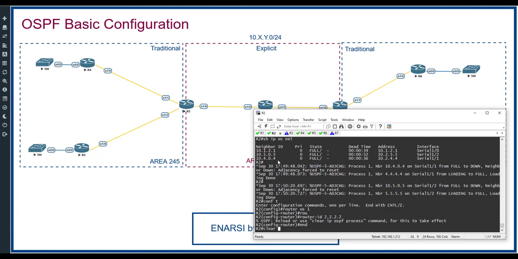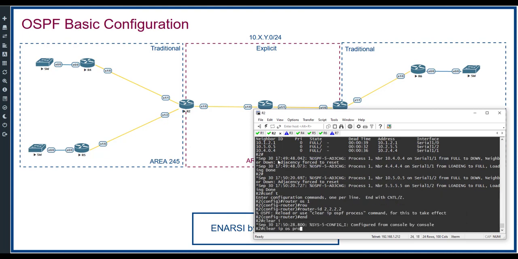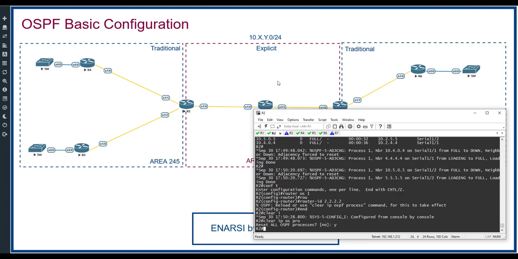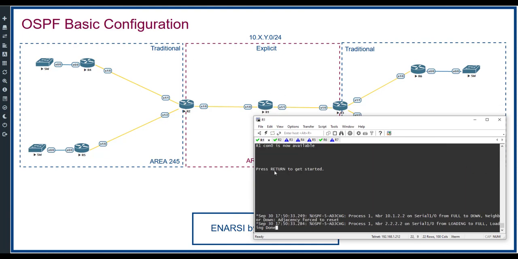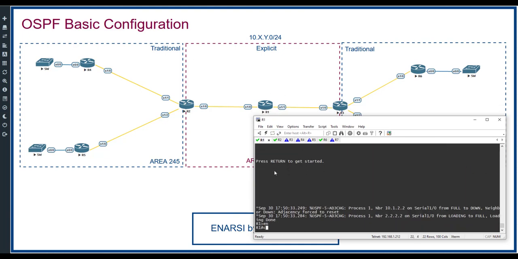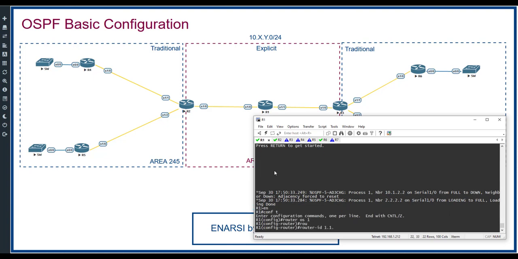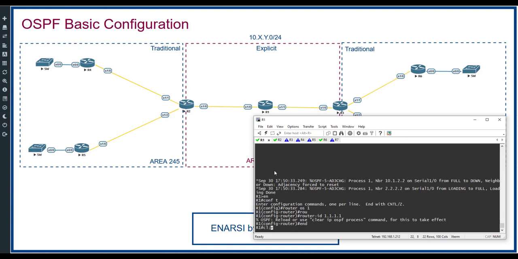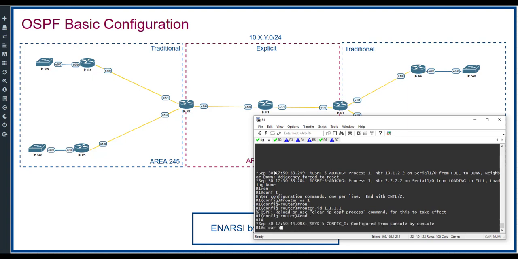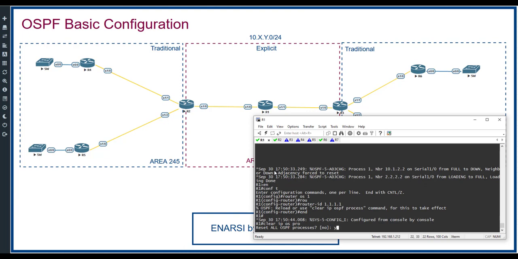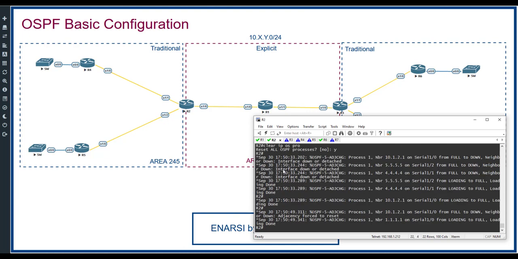Here we should use clear IP OSPF process again. After that, this is router 1. Here again conf t, router OSPF 1, router ID quad 1, then clear IP OSPF process. Now let me show you the result of this configuration.